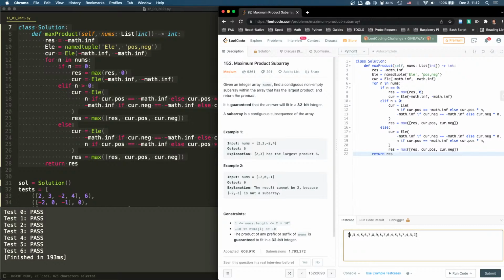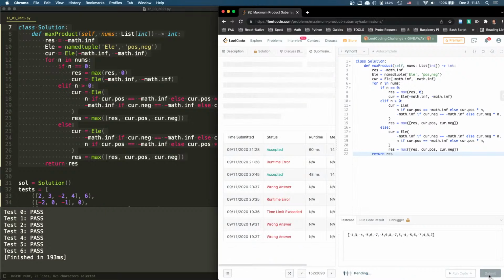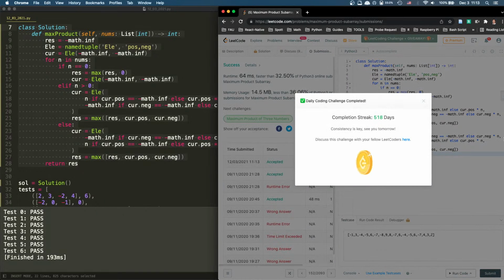Okay, then we just randomly add some negative sign. Okay, another one. Oh, shoot, it's too big. Alright, let's try it. Yep, there we go.